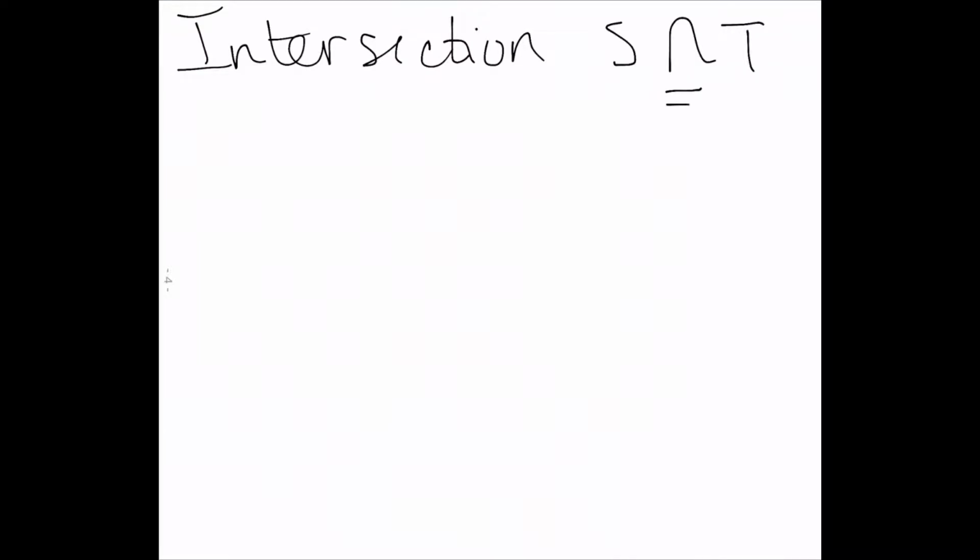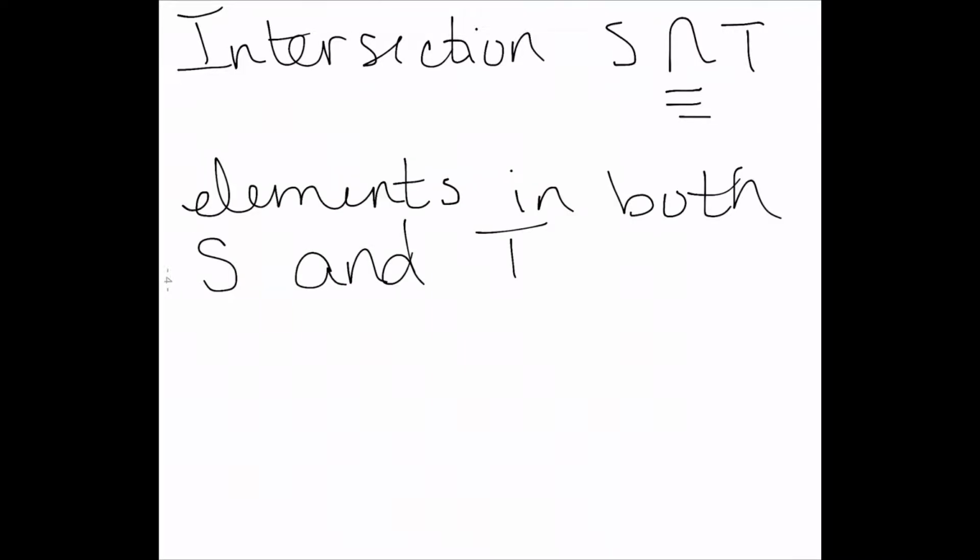This is denoted by this symbol right here that kind of looks like the upside down U, the upside down union symbol. These are the elements that are in both S and T. It's what they have in common. So a union is like taking everything from set S and then throwing in everything extra from T. However, the intersection is only what they share and what they have in common.